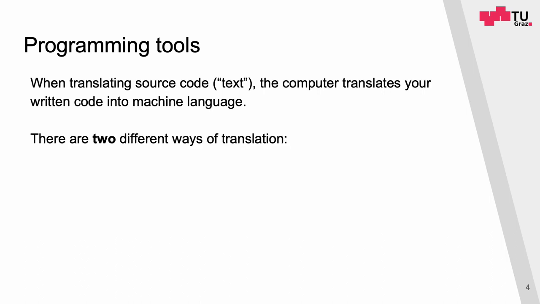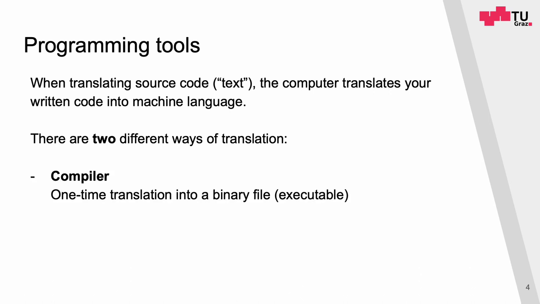And there are two different ways of translation. The first is the compiler. The compiler performs a one-time translation of your source code into a binary file. So after compilation, you get an extra file, which is an executable file, which holds all the machine language.